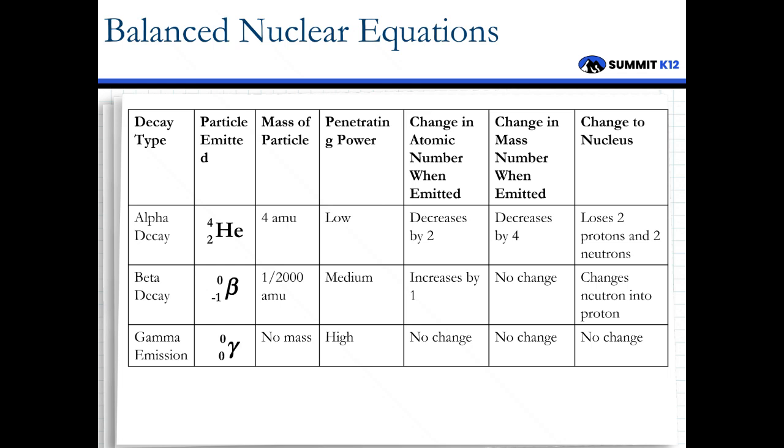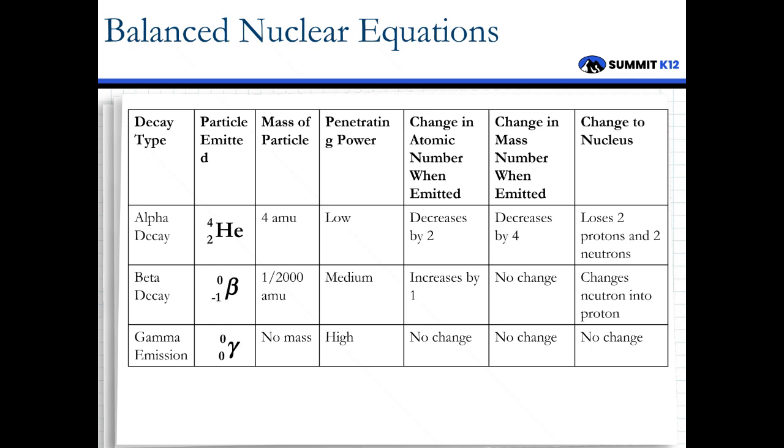And then finally, gamma emissions, right? Our particle emitted is a gamma particle, and that's what that fancy little Y is, the Greek symbol for gamma. It has no mass, and it's a highly penetrating substance. So it will penetrate through most things.